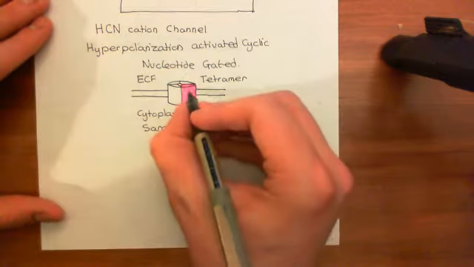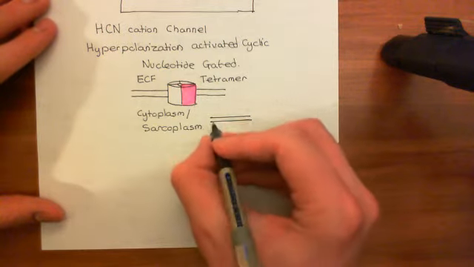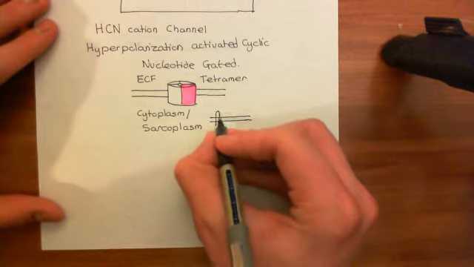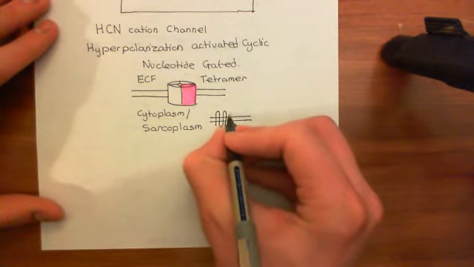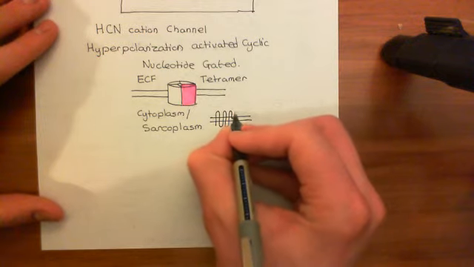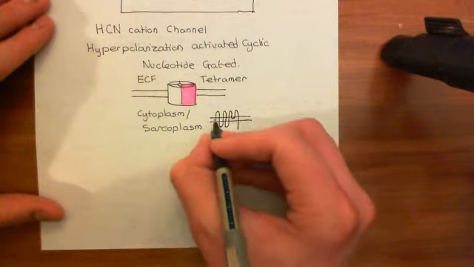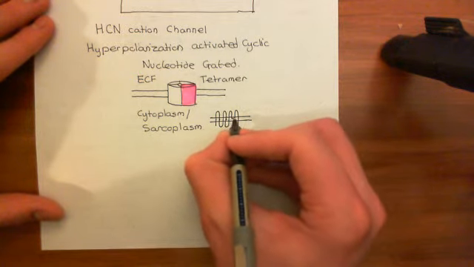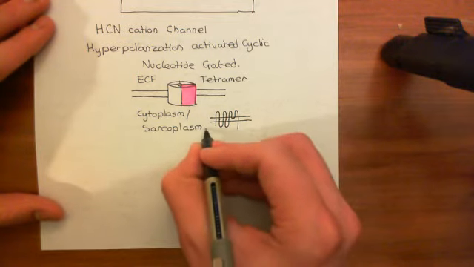Okay, so let's pull out one of these subunits and have a look at the structure of it. Basically they have a structure that's very similar to loads and loads of different voltage-gated ion channels. They have 6 membrane-spanning alpha helices labeled S1, S2, S3, S4, S5, then they have this P loop and then S6 here as well.